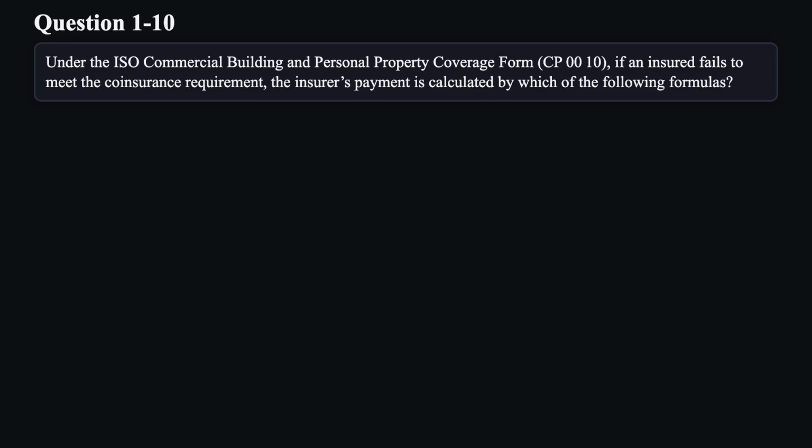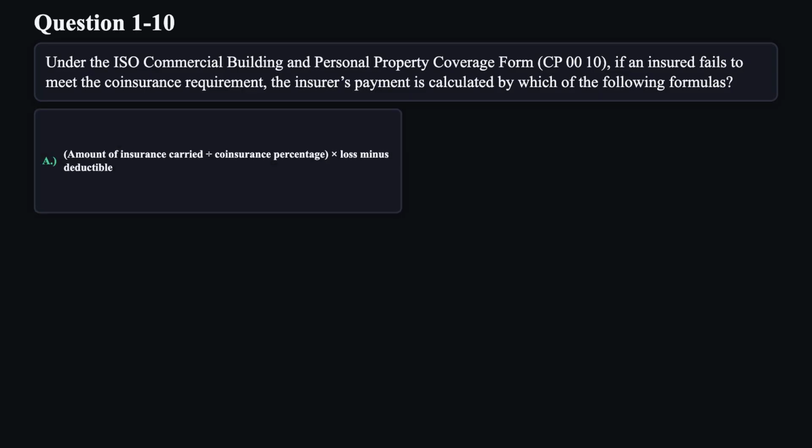Question 10. Under the ISO Commercial Building and Personal Property Coverage Form, CP0010, if an insured fails to meet the coinsurance requirement, the insurer's payment is calculated by which of the following formulas? A. Amount of insurance carried divided by coinsurance percentage, multiplied by loss minus deductible.